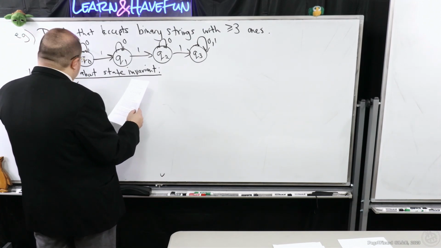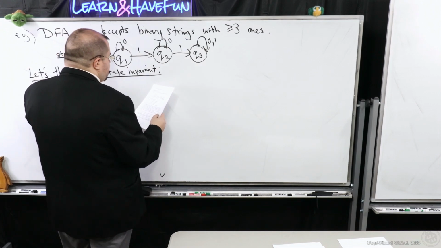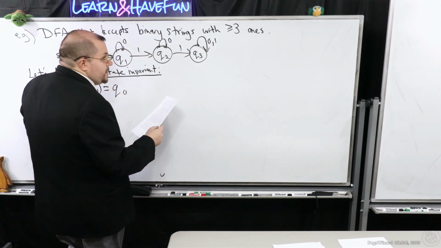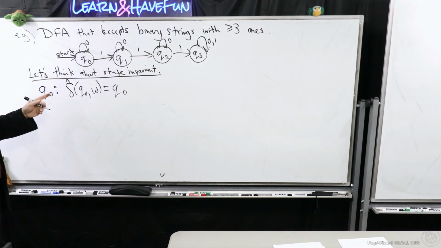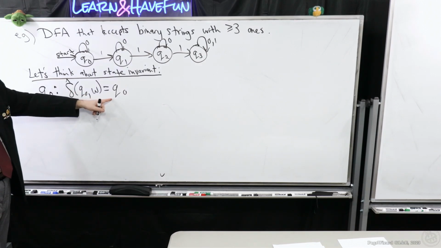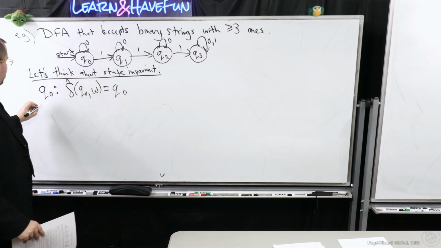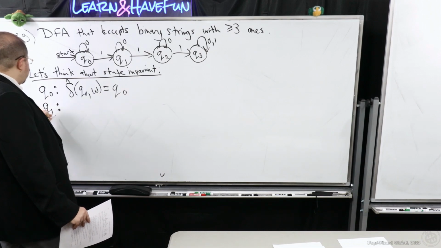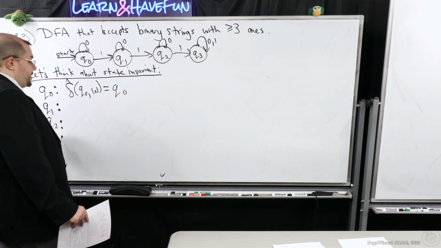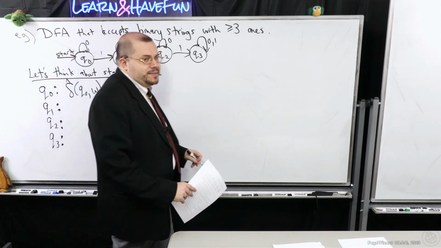So we have delta hat of Q0 and W. Of course, when I process string W, it could be that it goes to Q0. So we're going to consider each one of the states. I would like to say something meaningful for each one of these.